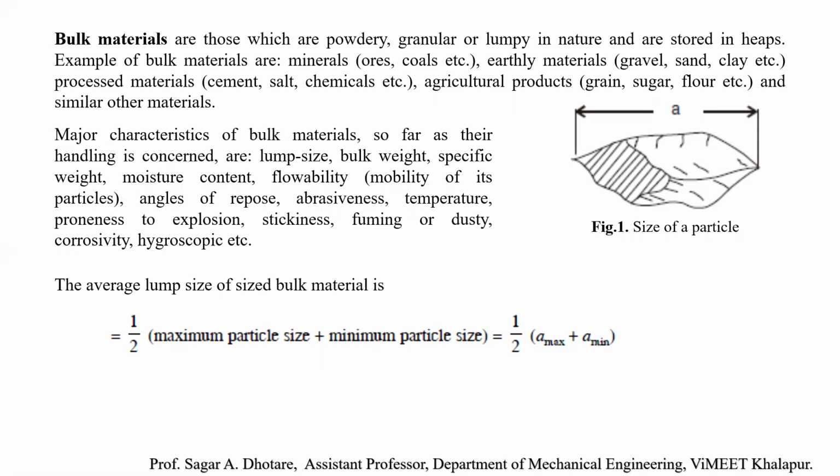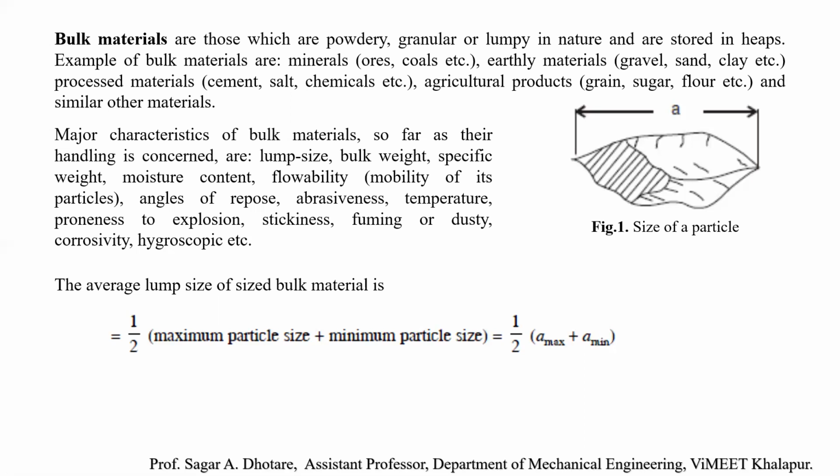If the ratio of the largest to the smallest size of the particle of the lump material is above 2.5, it can be considered unsized. Now for that we have to calculate the average lump size. The average lump size is equal to one half of the maximum particle size plus the minimum particle size.